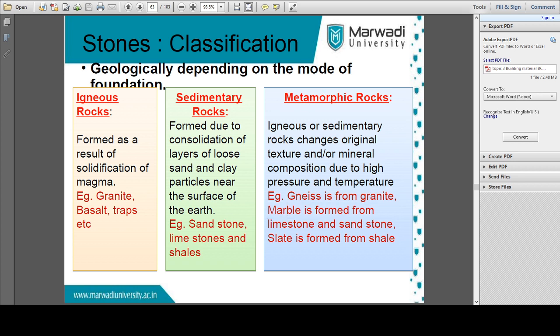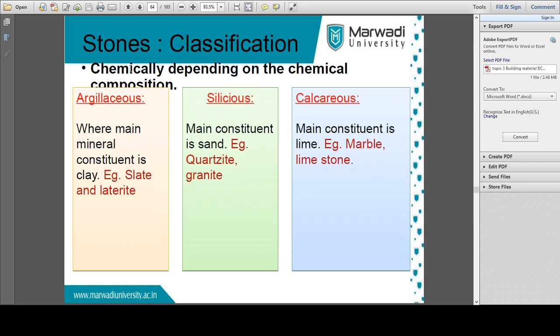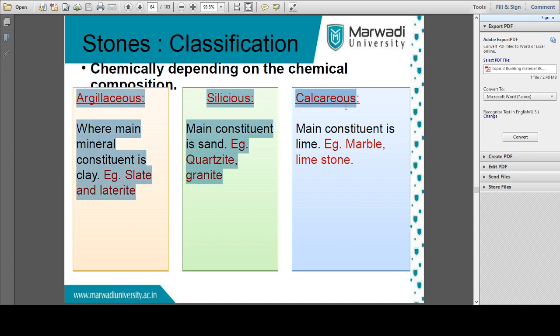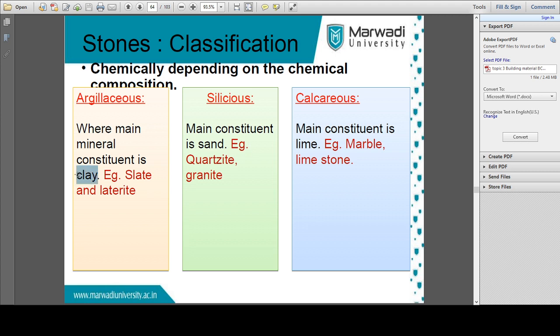Now the next classification method is based on chemical composition. Based on chemical composition we have three categories: argillaceous, siliceous and calcareous. Argillaceous means the mineral constituent is clay, so it is made up of clay, and the best examples are slate and laterite.